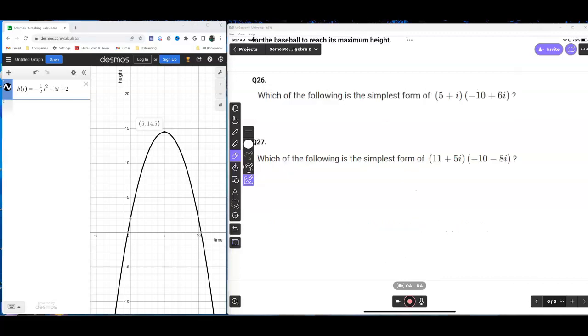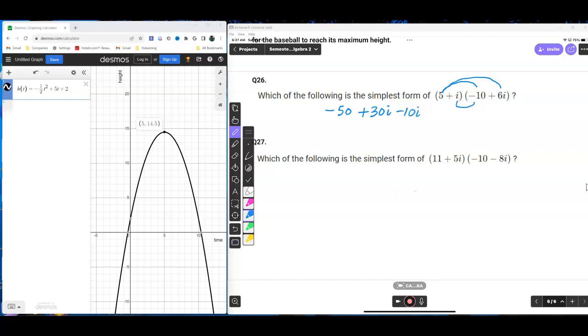Number 26 is a complex number multiplication. And so you have 5 times negative 10, which is negative 50. 5 times 6i, which is positive 30i. i times negative 10 is negative 10i.